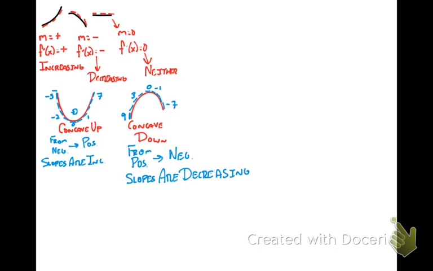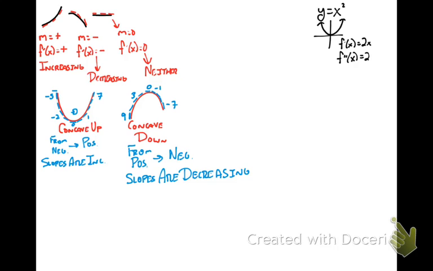Let's consider this idea of concavity and slopes increasing and decreasing a little bit more. And we'll analyze the graph of y equals x squared. And I'm choosing this one because we should all be familiar with this parabola. Right, its vertex is at 0, 0, and it's clearly concave up. Now notice that the first derivative of this function would be 2x. More importantly, the second derivative of this function would just be 2.